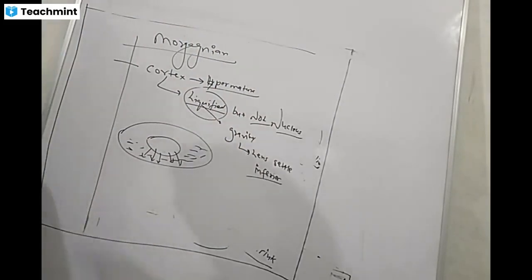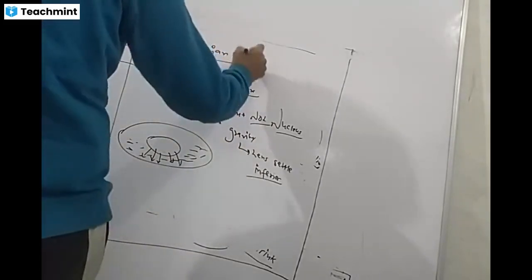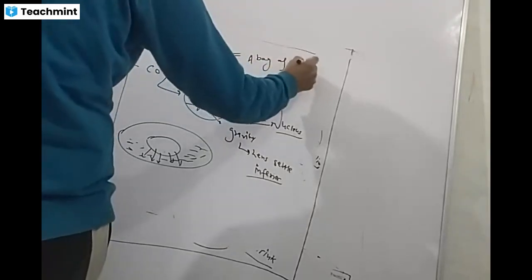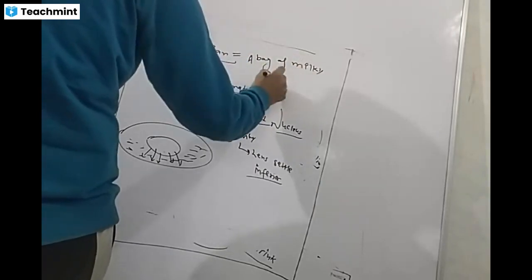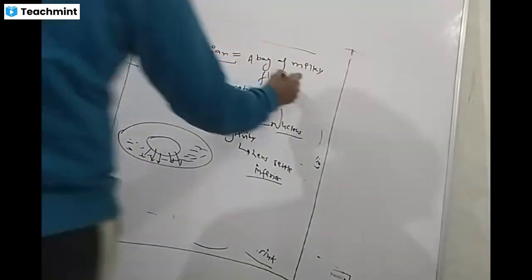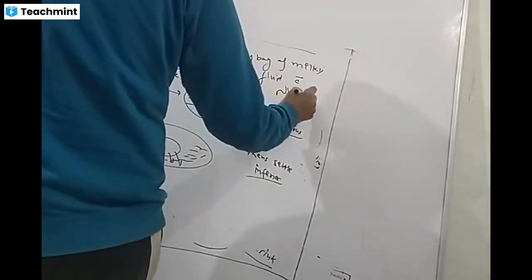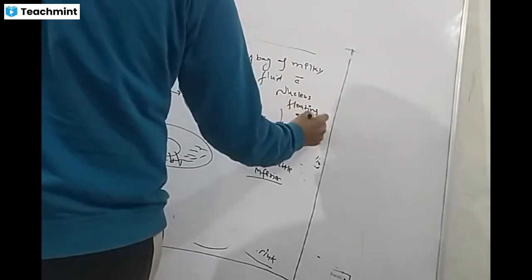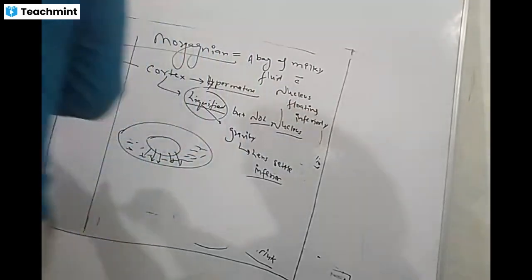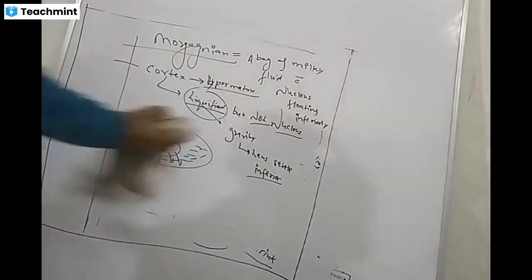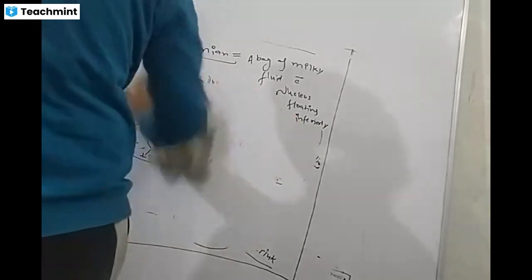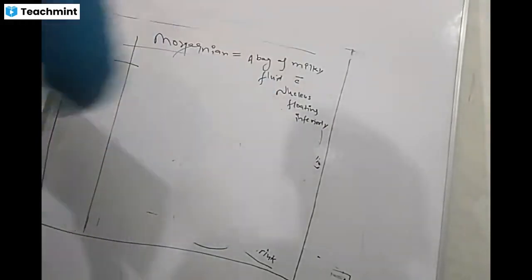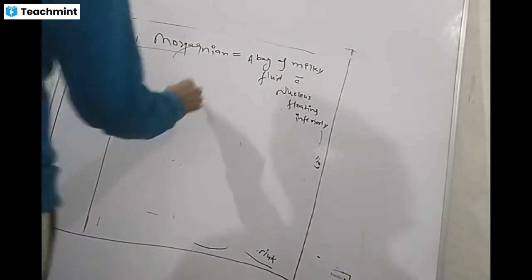So the concept of Morgagnian is a bag of milky fluid with the nucleus floating inferiorly. This is your Morgagnian cataract, a bag of milky fluid where the nucleus is floating.